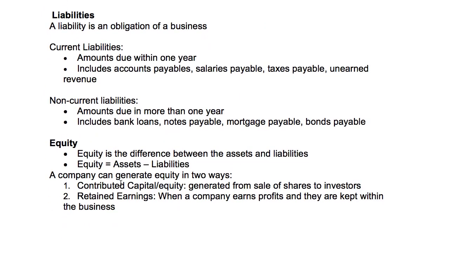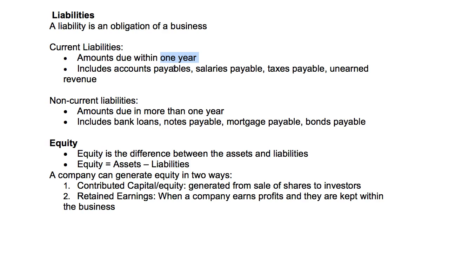Moving along, we have our liabilities. Liabilities is what the business owes, or you can say here it's an obligation of a business. A current liability is something that is due within 1 year. This includes accounts payables, salary payables, taxes payable, and unearned revenue. Accounts payable occurs when a business buys something but they haven't paid for it yet, so they owe the money.